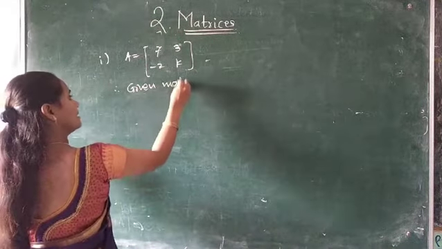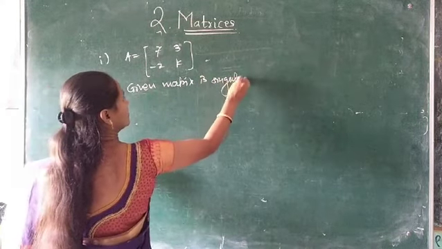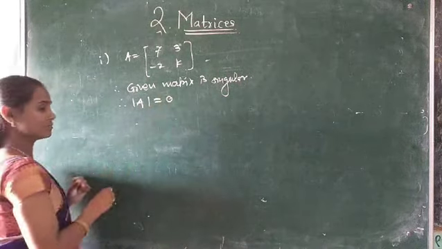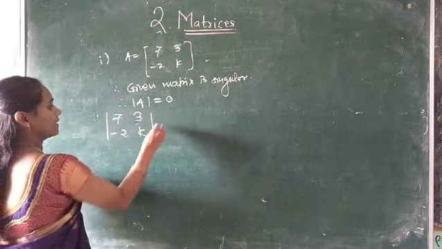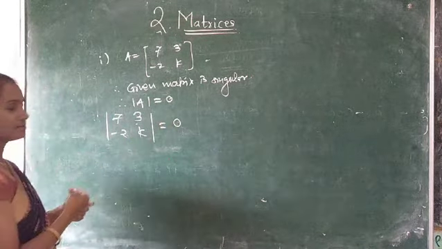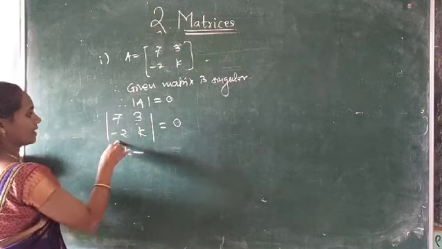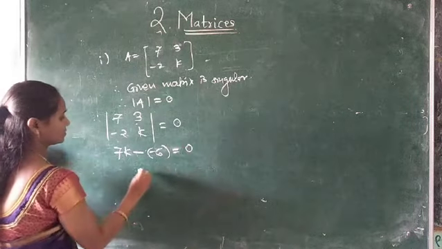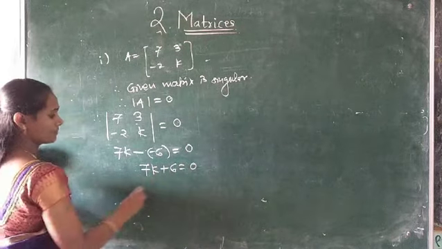Given matrix is singular. Therefore, determinant A is equal to 0. Therefore, what is the determinant? 7, 3, minus 2, K. The value of this determinant is 0. So, solve this determinant. 7 into K, that is 7K, minus 3 into minus 2, that is plus 6. So 7K plus 6 is equal to 0.